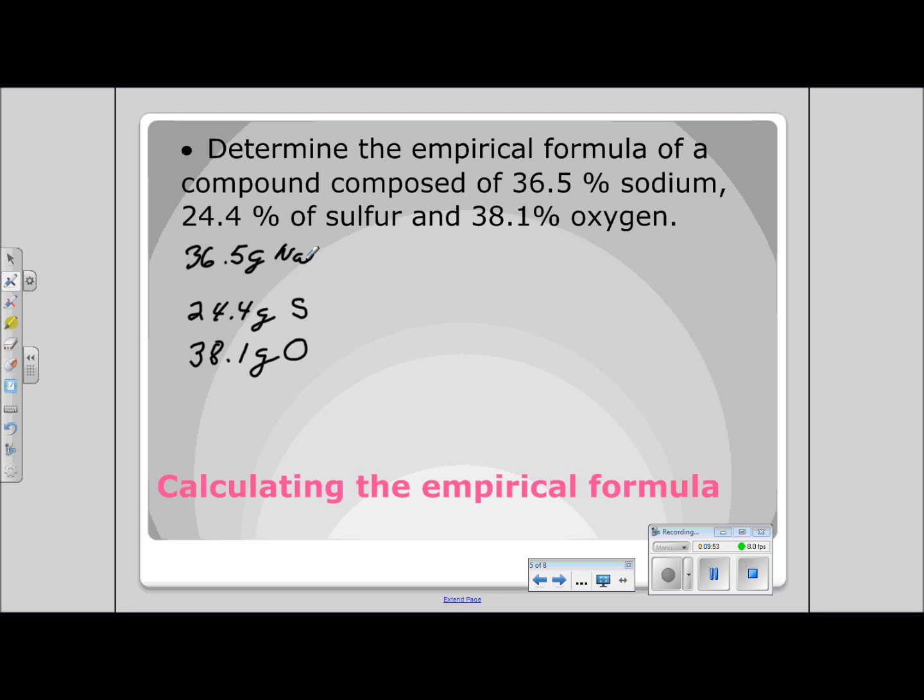We're going to convert grams to moles. Well, how do we do this? Remember, we can say grams of sodium to moles, because that's what we're trying to work on, converting grams to moles. And we're going to find the mass of sodium on the periodic table.